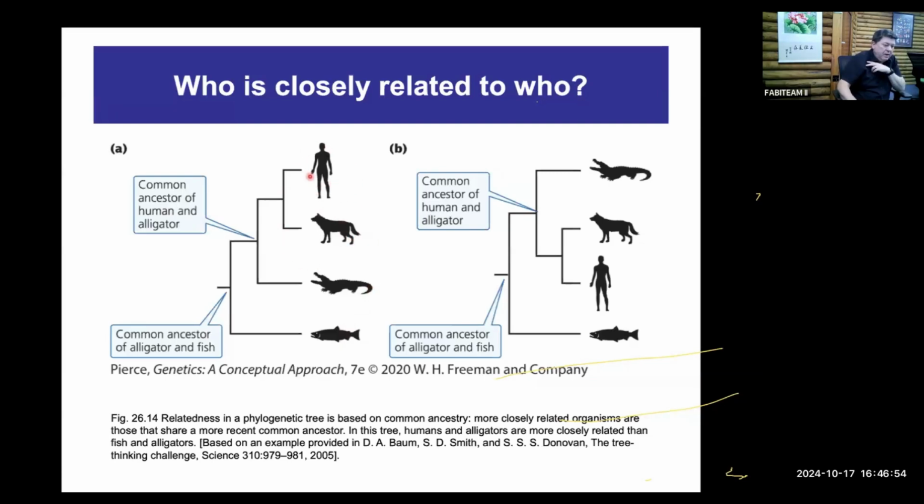So in this case, humans and wolves share the most recent common ancestor. Alligators, humans and wolves share a common ancestor. Therefore, humans and wolves are more closely related to each other than they are to alligators, and more closely related to alligators than they are to fish.